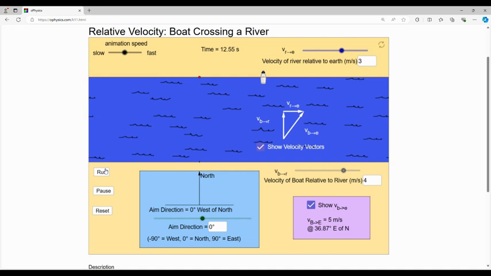Now, interestingly enough, this took 12.55 seconds. If we get rid of the current and run it, you're going to find that this, no surprise, takes, well, in this case, 5.6 seconds. That's a little problem with the sim. The time to get across the river is identical, because the current is perpendicular to that movement across the river. The current has nothing to do with getting across the river.